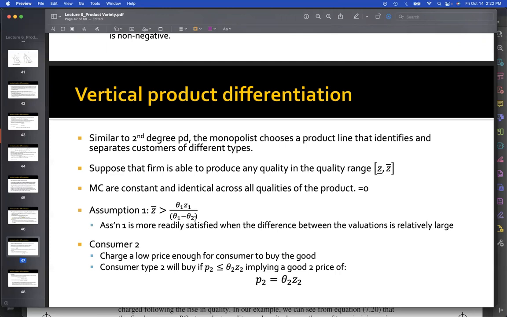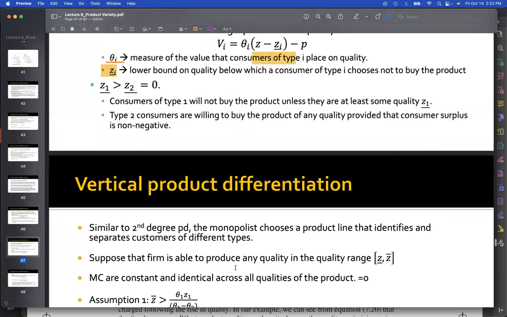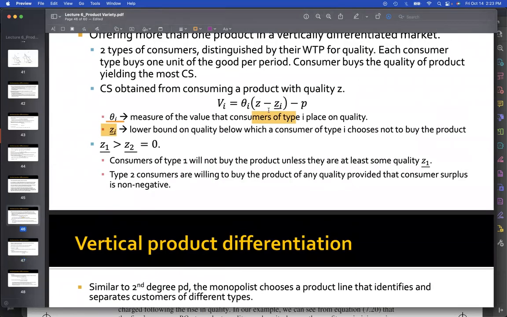Okay, so consumer 2, remember, is the one with the lower minimum Z, right? The Z under bar 2 is 0, and you charge a low enough price for the consumer to buy the good. Now, consumer type 2 will buy if the price happens to be less than this. You can see that because for utility V to be greater than 0, it must be that theta 2 times Z2.